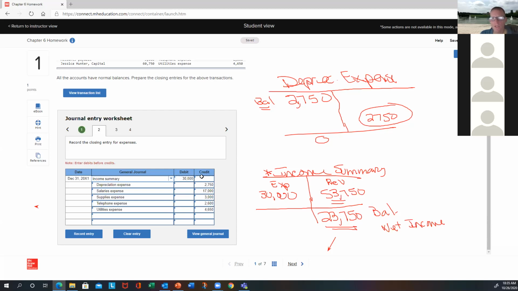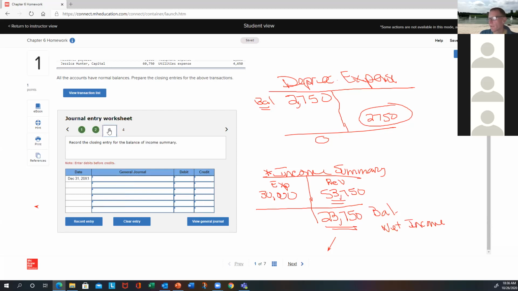You just have to know which accounts are temporary accounts, find them, make them go to zero, and then do your updating. At this point, we're just cleaning up the books. It's not like in the last chapter where you had to look at dates and what time period. In this case, you just go to your ledger, find your temporary accounts, and then enter them in these four steps. This is our step number 2 to close out the expense accounts. That's okay? No questions?